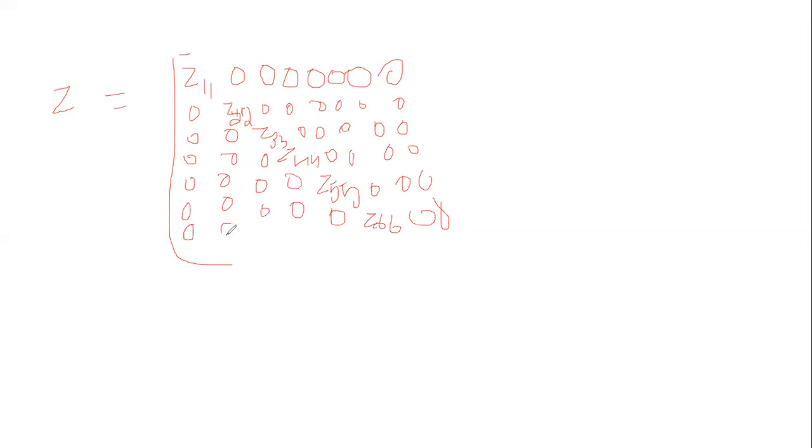Next 0 0 0 0 0 0, then Z77 and 0. Next 0 0 0 0 0 0 0 Z88.